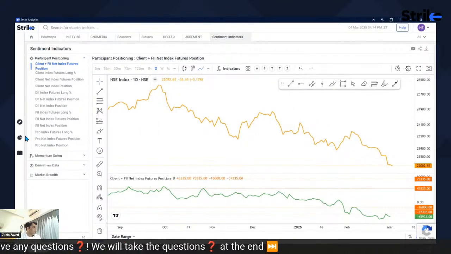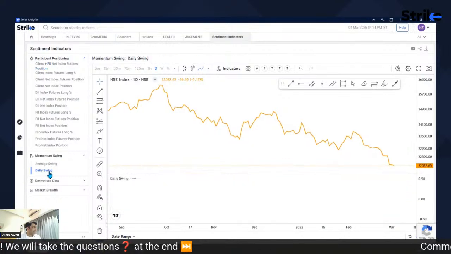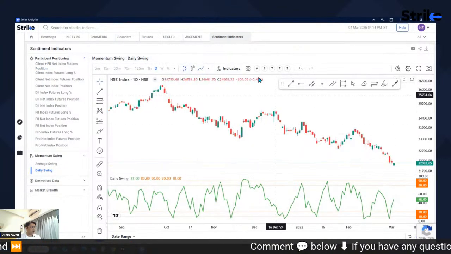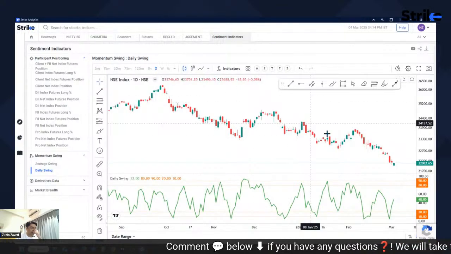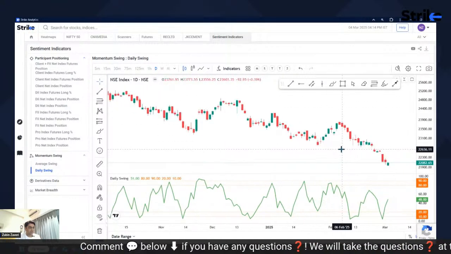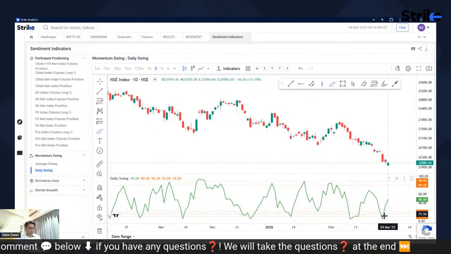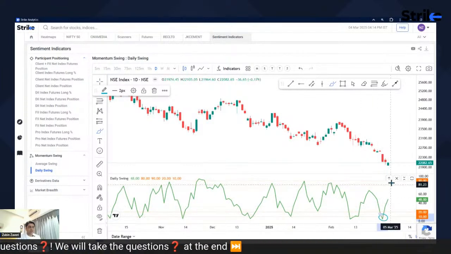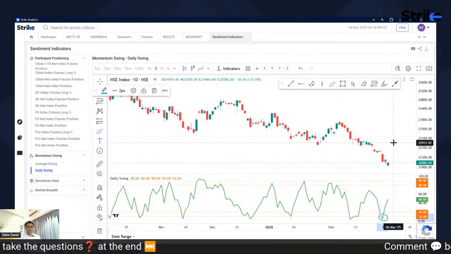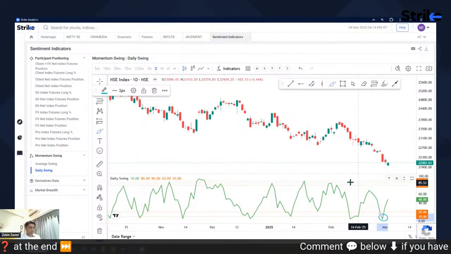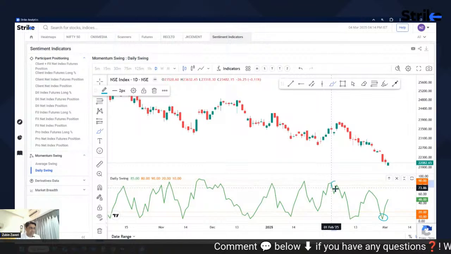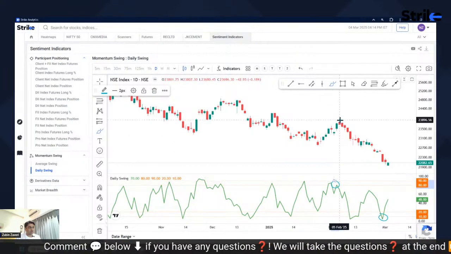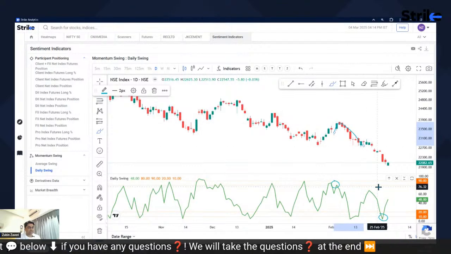So when we are looking at the short term indicator over here, the daily swing has bounced back. But over here you have to see that overall the trend is down. And when the trend is down, we have observed that when these daily swing indicators come to an oversold zone and go up, the market does not go up significantly. Instead, when these indicators in a downtrend become oversold, from there it goes down.